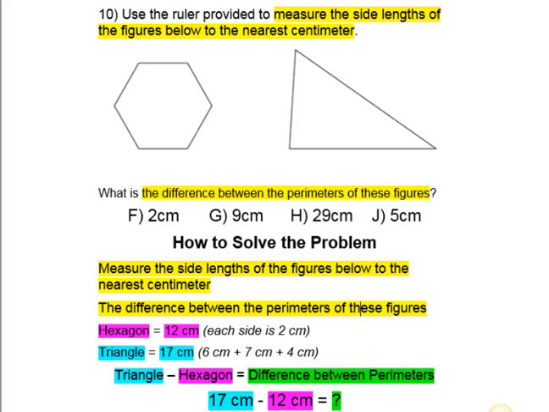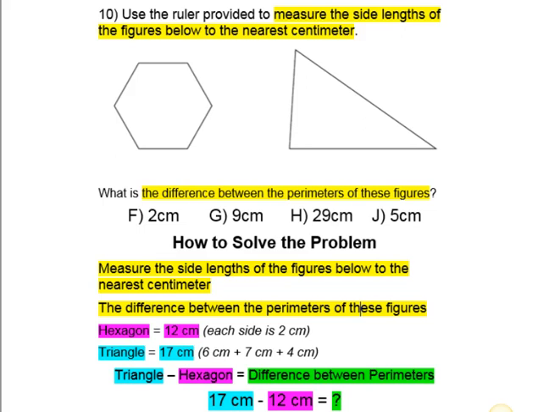Well, first we must measure the side lengths of the hexagon and also the triangle. Using the ruler that was provided, the perimeter of the hexagon is equal to 12 centimeters, because each side is 2 centimeters.